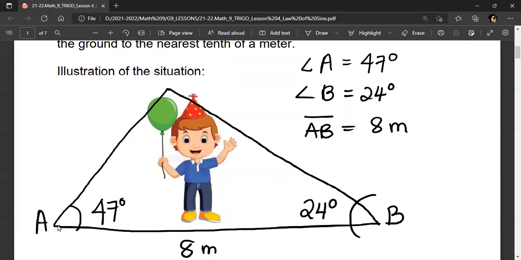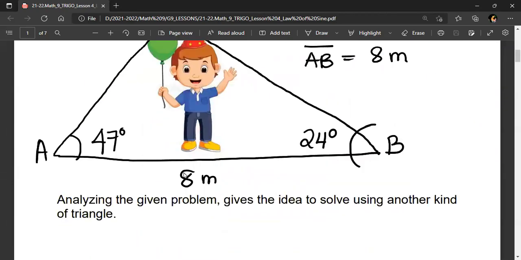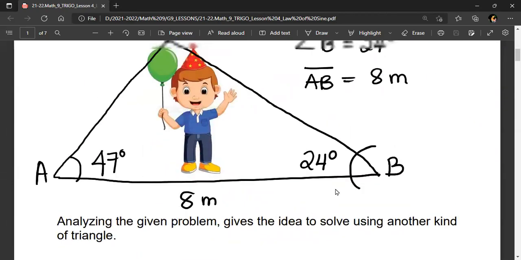Point A is an angle with a measurement of 47 degrees and point B has an angle of 24 degrees. The distance between A and B is also mentioned in our sentence above, which is 8 meters apart, where I wrote 8 m here.